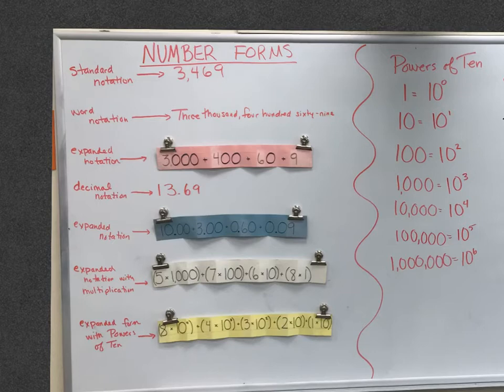So we have standard notation, word notation, expanded notation. And remember, notation is just another word for writing it out, how you're writing it in an expanded way. Decimal notation, expanded notation with decimals. Here's expanded notation with multiplication that we just talked about. And then the new one that we learned today is expanded form with powers of 10.